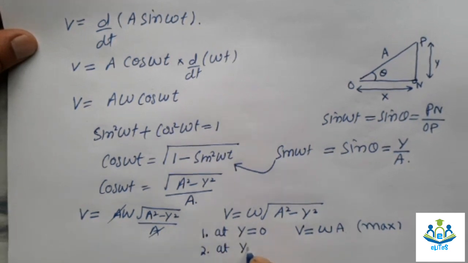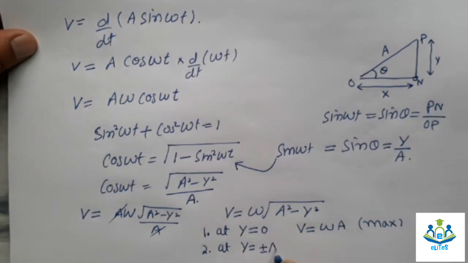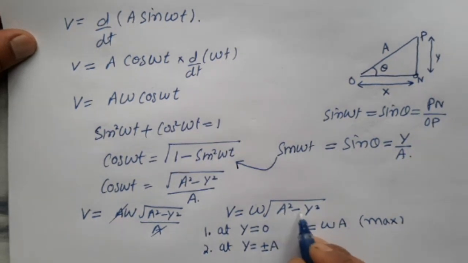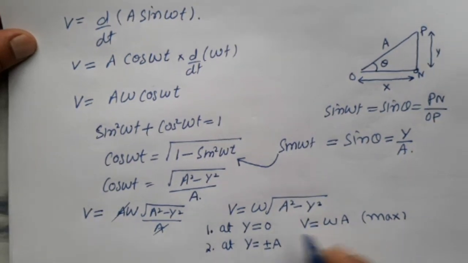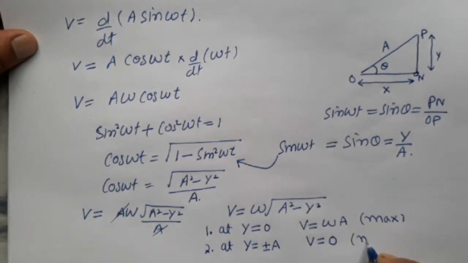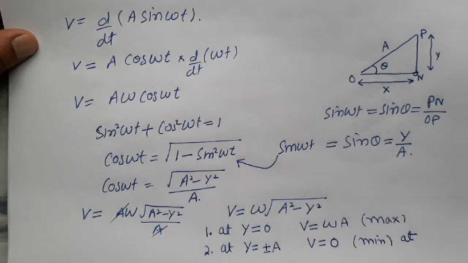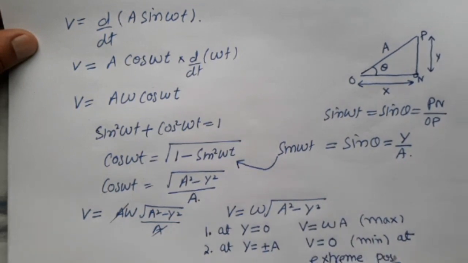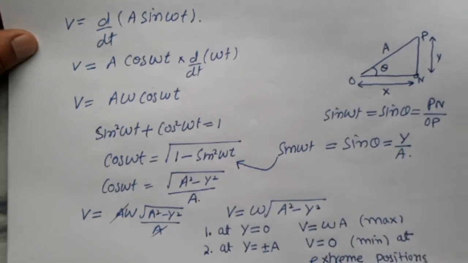Case two: at y equal to plus or minus a, at the extreme positions, a square minus a square cancels, so the velocity is 0. It is minimum, or zero, at the extreme positions.